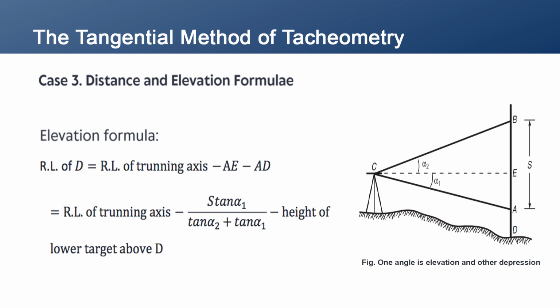We know AE = S tan α1 / (tan α2 + tan α1). Therefore, the reduced level of D is equal to the reduced level of the trunnion axis minus S tan α1 / (tan α2 + tan α1) minus the height of the lower target above D. So, we have derived formulas to calculate both the horizontal distance and the elevation difference using the angles of elevation and depression. Hope you understand this.